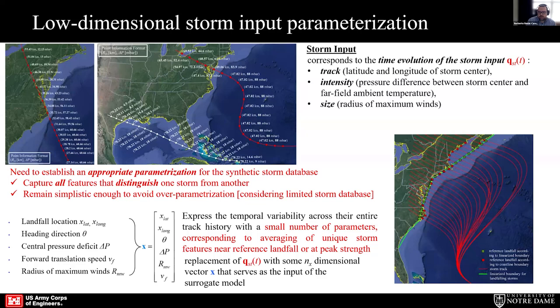And for those of you that might be familiar with the joint probability method, these are essentially the parameters that we carry forward in this analysis. So we consider the landfall or reference location, typically latitude and longitude, the heading direction or angle of approach, central pressure deficit as a proxy for intensity, translation speed, and radius of maximum winds to characterize the size of the storm. And typically we define these parameters either at landfall or at the location of peak strength of the storm, and this varies by study.